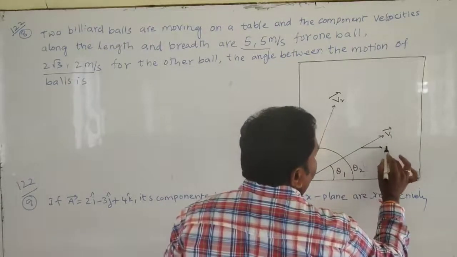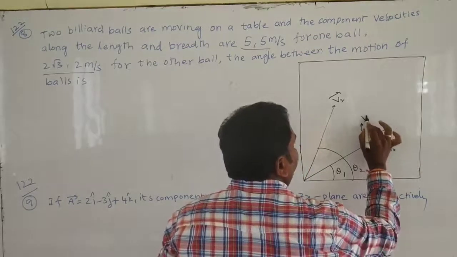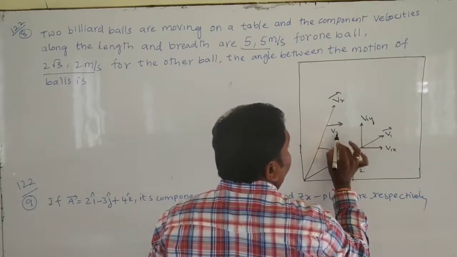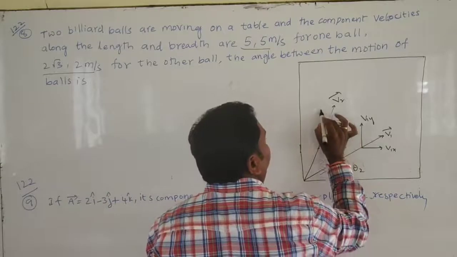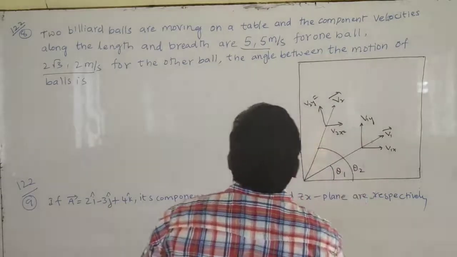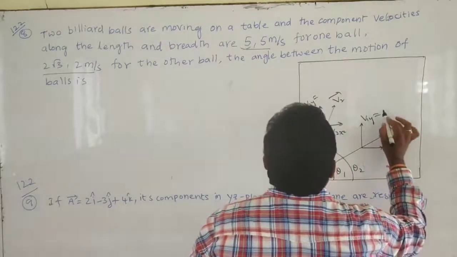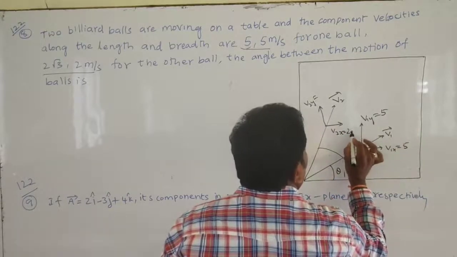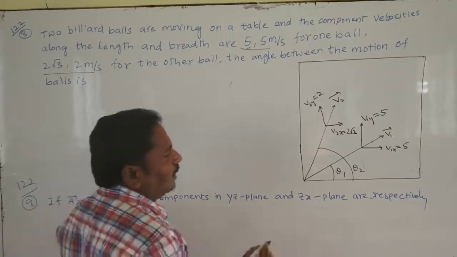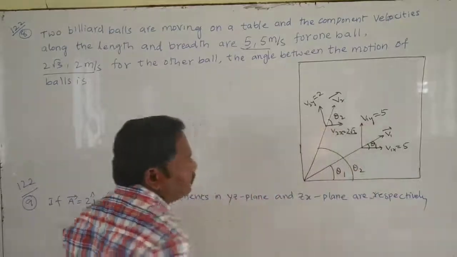For the first one, the x component is 5 and the y component is 5. For the second one, the x component is 2 root 3 and the y component is 2. We call these angles theta 1 and theta 2.